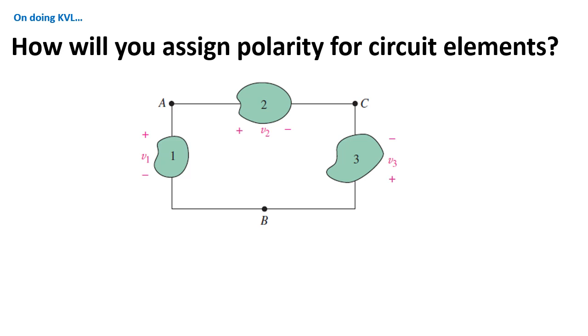But in reality, you will be dealing with networks composed of resistors and voltage and current sources. If we apply KVL to such a network, how will we assign polarity for each element, whether it's an active or a passive element?